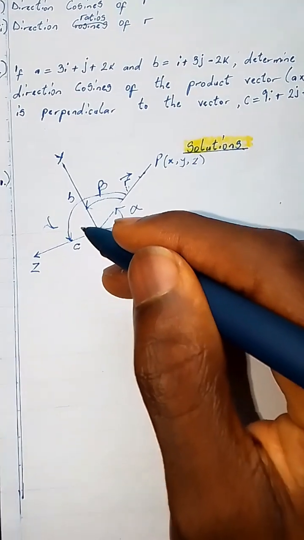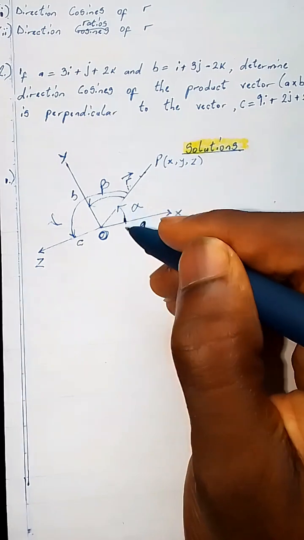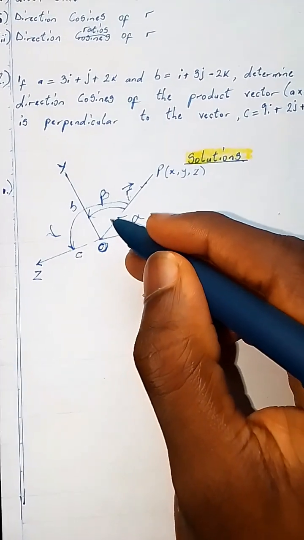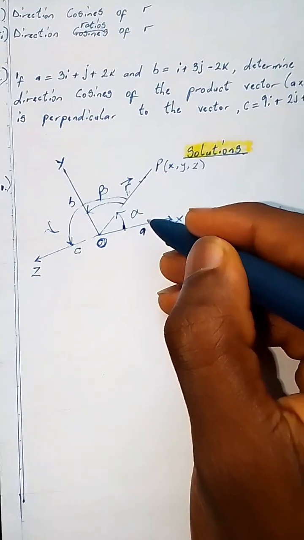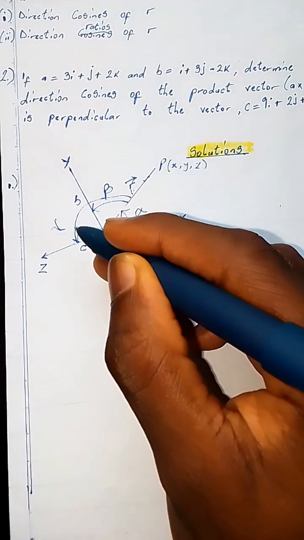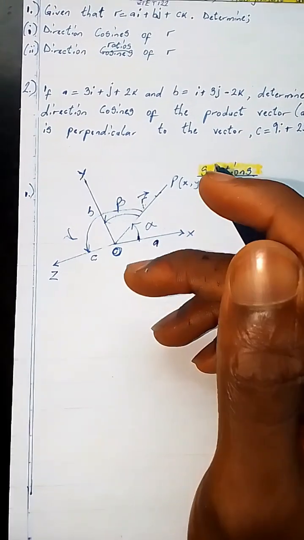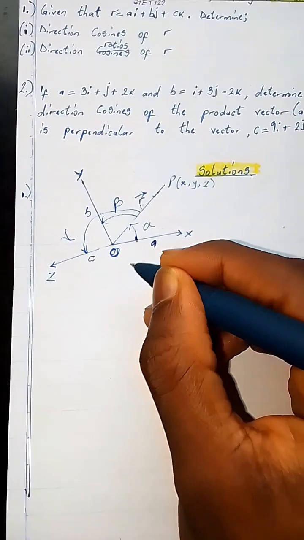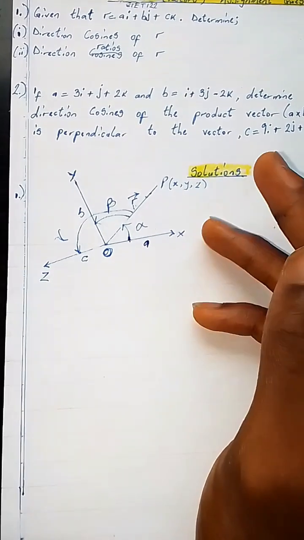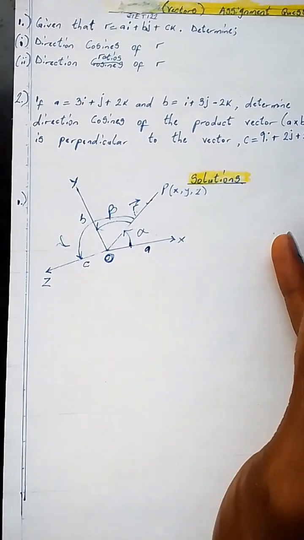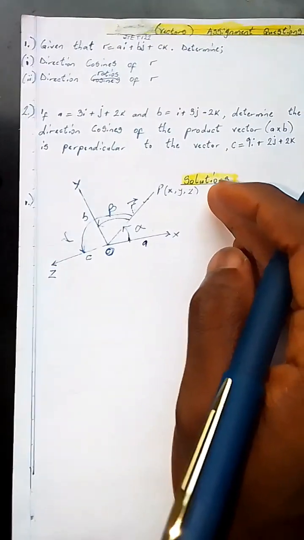The angles alpha, beta and gamma are known as the direction angles, and when you add a cos sign to them, they change to the direction cosines.